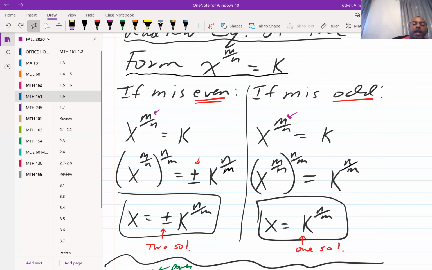All right. Now, if m is odd, we're going to follow the same process, same procedure, but you only get one solution. So when we put numbers on it, you'll see why that occurs. But if m is even, it causes us to use the square root property, which means I have to use plus or minus.